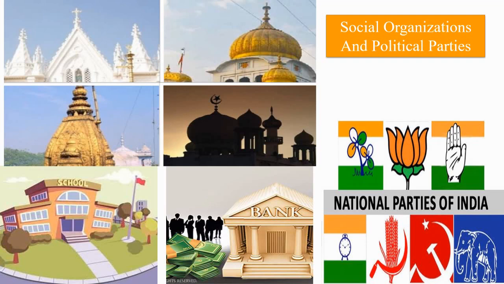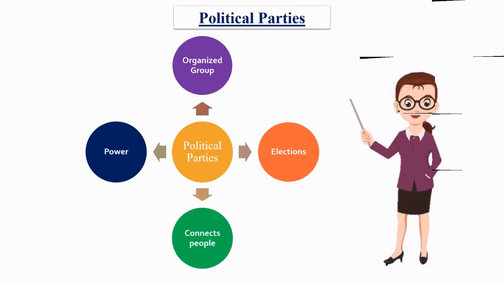There is a difference between political parties and other social organizations of our society. The difference is in the goals and styles of working of political parties and the other organizations. Political parties emerged in India due to the concept of democracy.